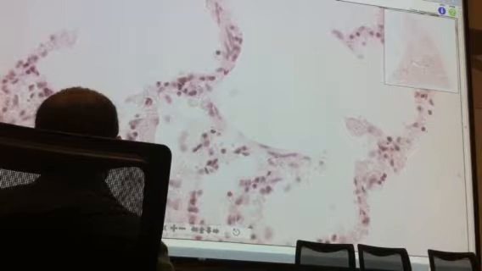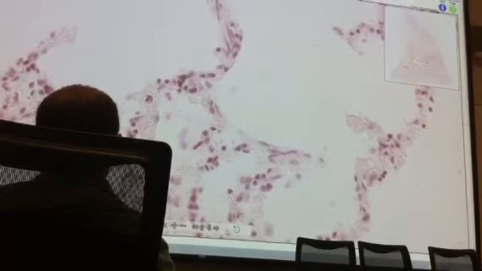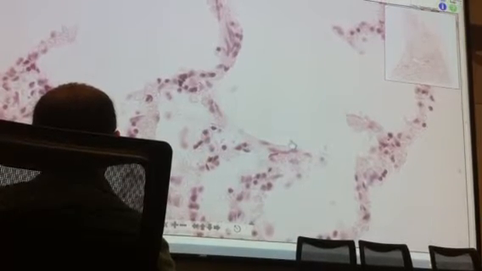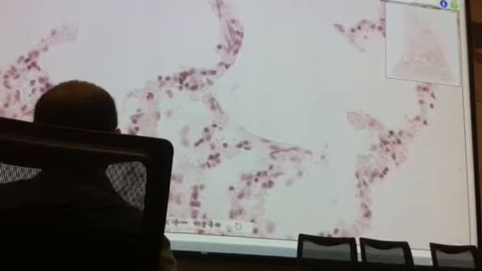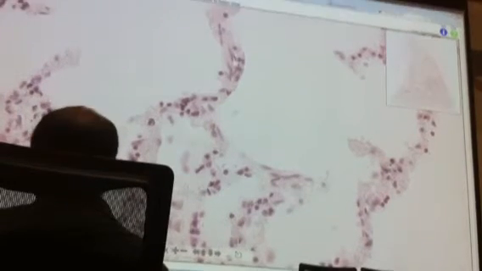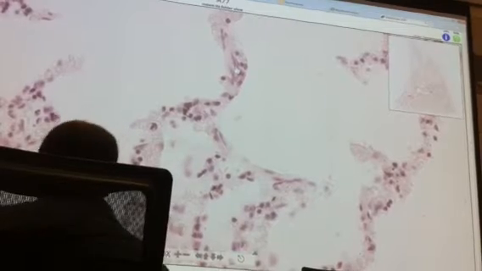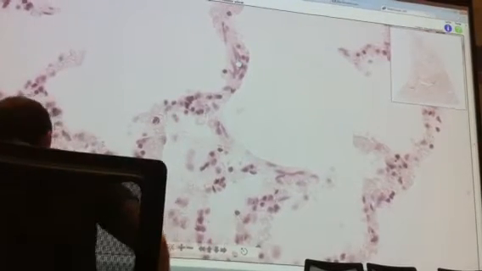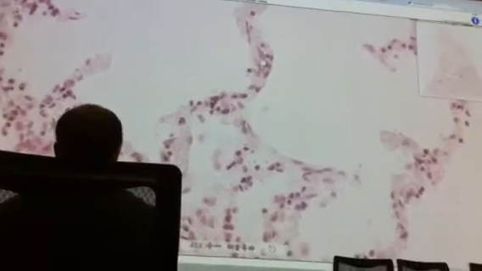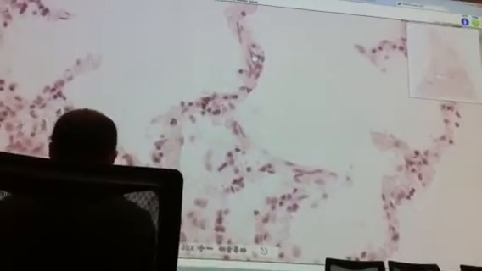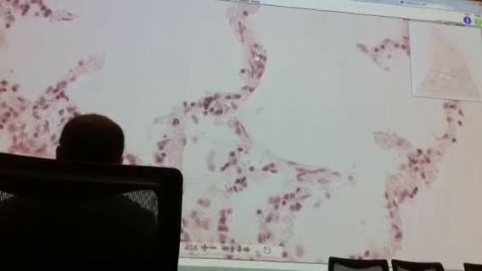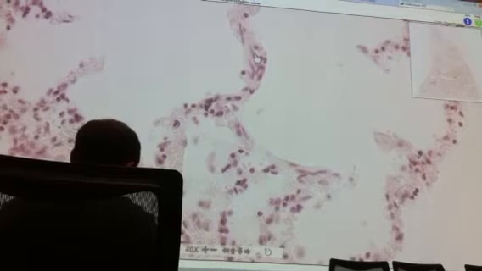Even though they look very similar, this one would be a type 1 histology, and this would be a fibroblast, because it's embedded in the wall. Here again, you can see the fibroblasts, because they're in the wall, they're not on the surface. So that's how you tell the difference between them, by where they are, not exactly what they look like. If they're right up against that air space, just call it a type 1 histology. If they're in the wall, call it a fibroblast.